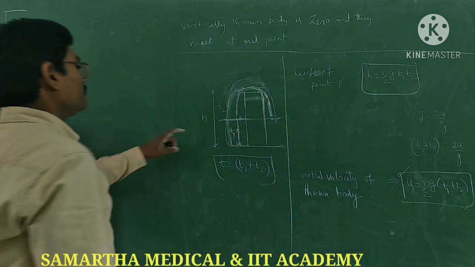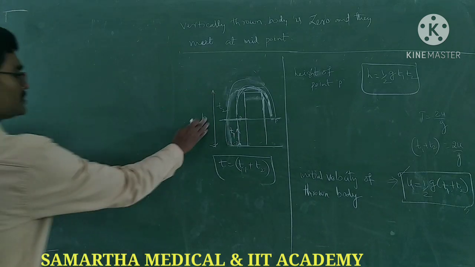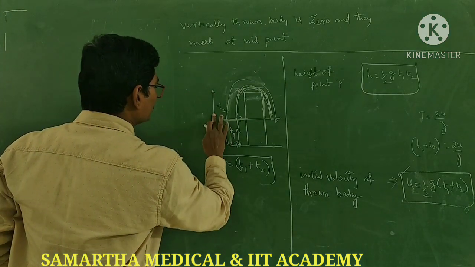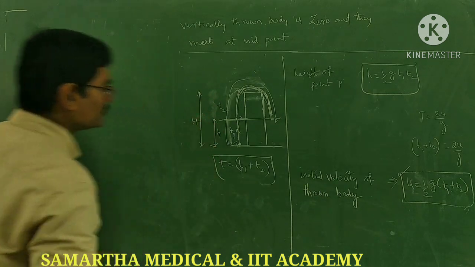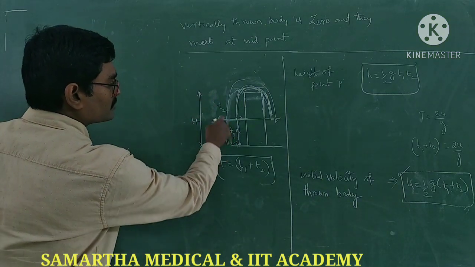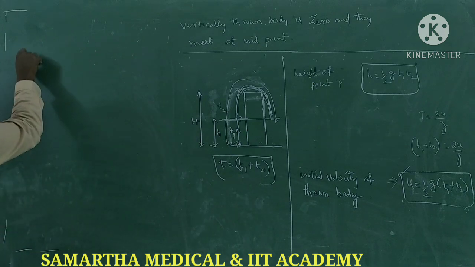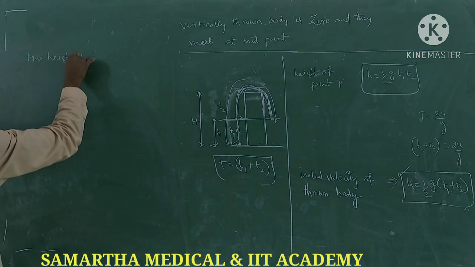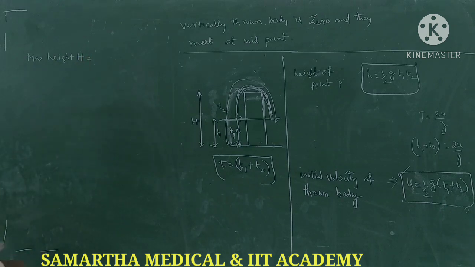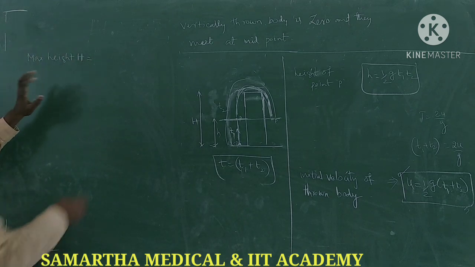Next, what is the maximum height of the tower? This is small h, this is capital H. This is capital H, this is small h, the height of the point P. So next, maximum height. Capital H is equal to what? Normally you know that it is u square by 2g.